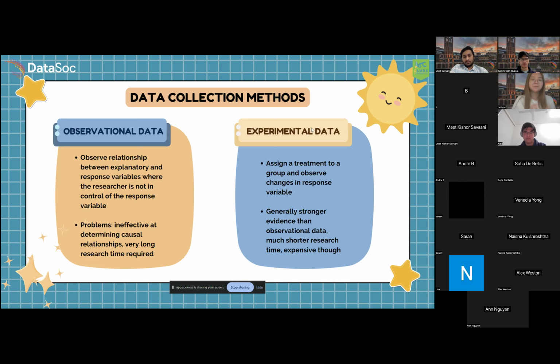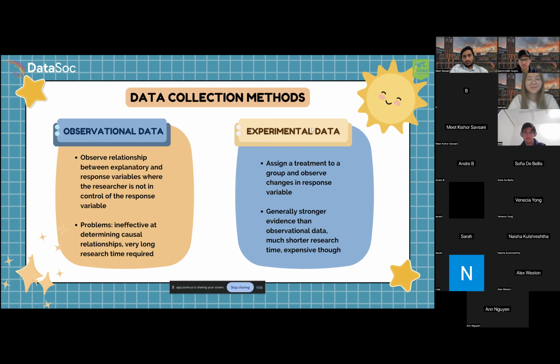We can put 5 plants and give each different water throughout, say, a week. For example, this one gets no water, this one gets 10 milliliters of water, this one gets 20 milliliters, and so on. And then we can observe the plant growth, let's say how much they grow in a week, and there you have it.